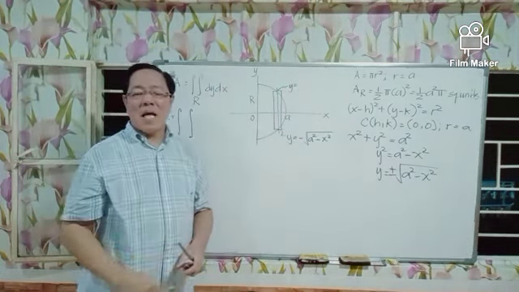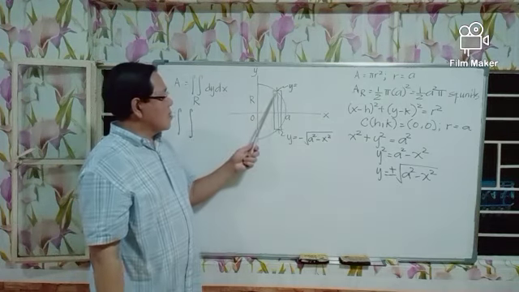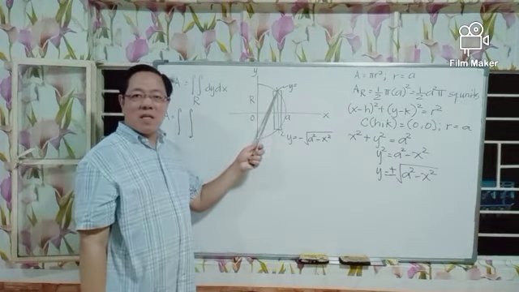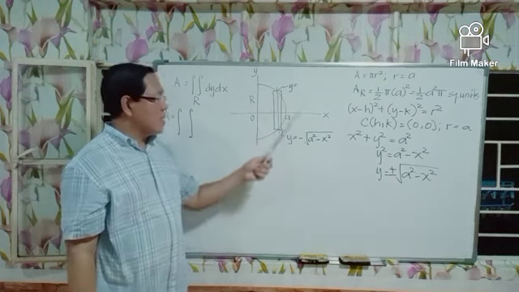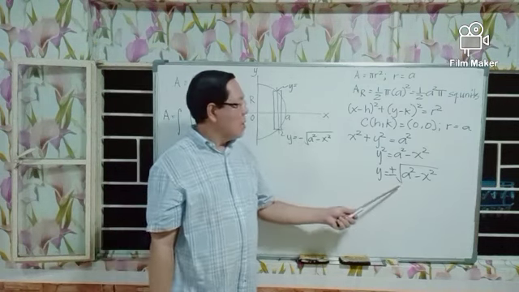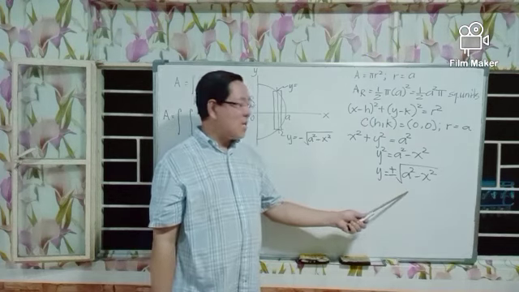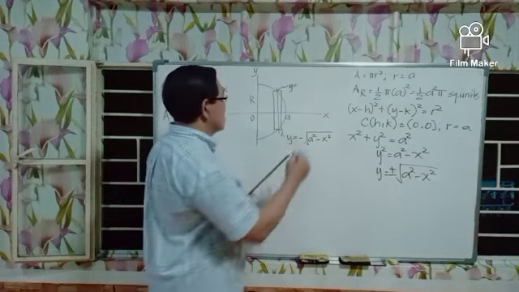At the upper base of the vertical strip, which is a point on the semicircle above the x-axis, the value of y at this point is given by the positive root, or simply the square root of a squared minus x squared.